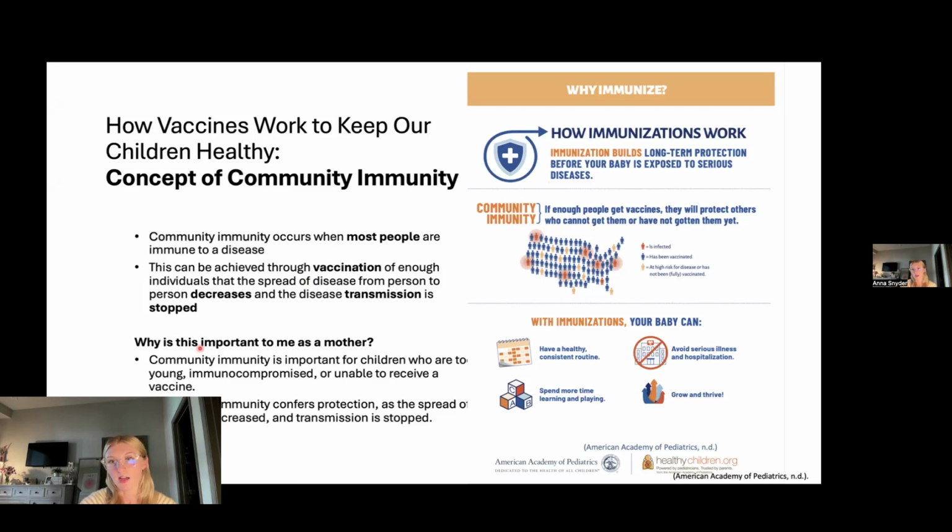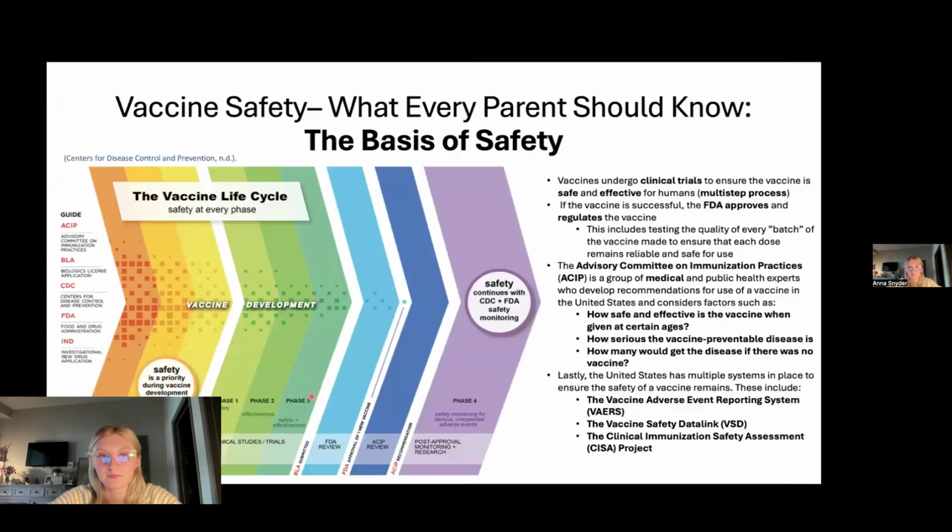If they're immunocompromised and they're not able to produce enough antibodies to mount an immune response, or if they're just unable to receive a vaccine for whatever reason, the community immunity confers protection for these individuals because, like we mentioned, with community immunity, if enough people are vaccinated, they will protect others who can't get vaccinated or have not been vaccinated yet, because the spread of disease is decreased and therefore transmission is slowed down.